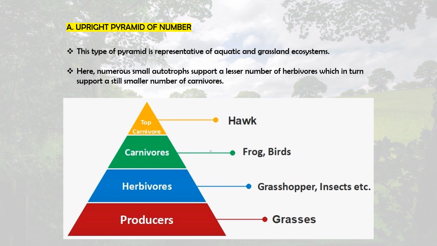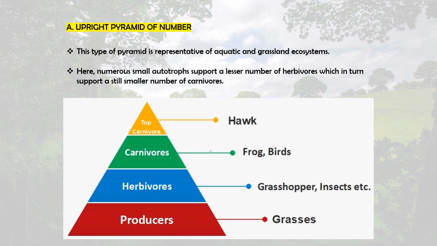And in these ecosystems there are numerous small autotrophs or the producers which support the lesser number of herbivores, which in turn support a still smaller number of carnivores. That means when we go from base to apex, the number of organisms or number of individuals on the basis of the trophic levels keep on decreasing.